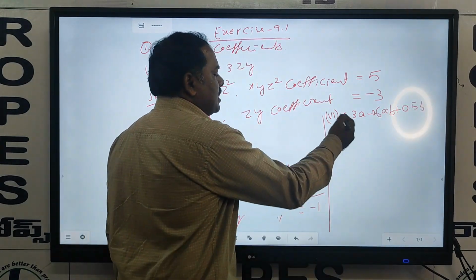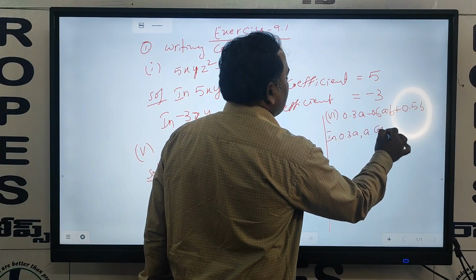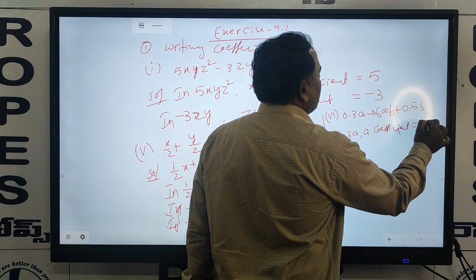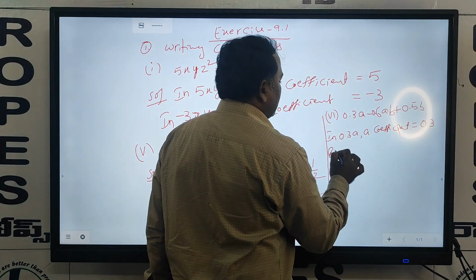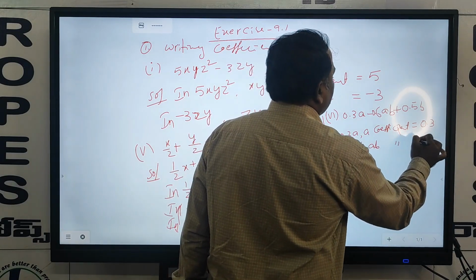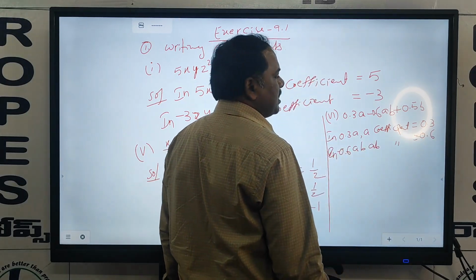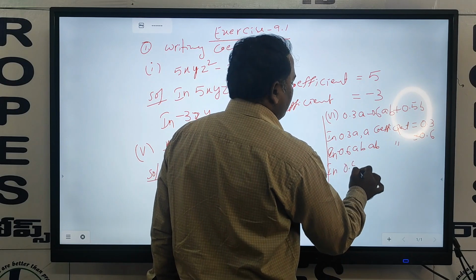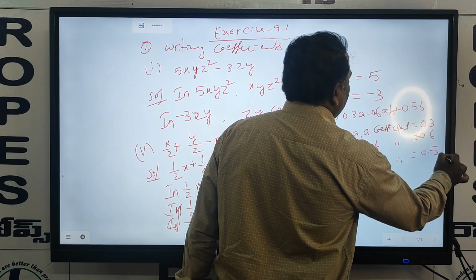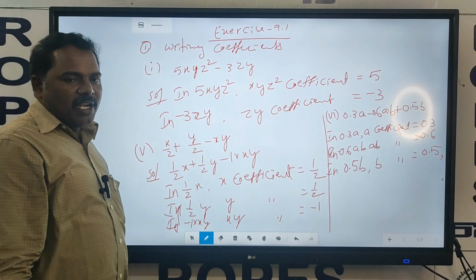In this one, in 0.3a, a coefficient is equal to 0.3. In 0.6ab, ab coefficient is equal to 0.6. See, in minus, this is minus 0.6. In 0.5b, b coefficient is equal to 0.5. Like this we have to write. This is the first Roman. All is of questions in the exercise 9.1.